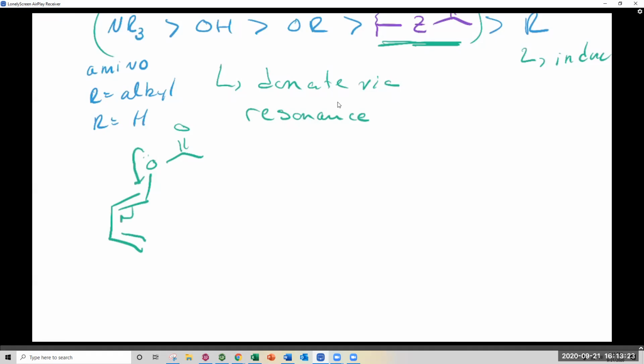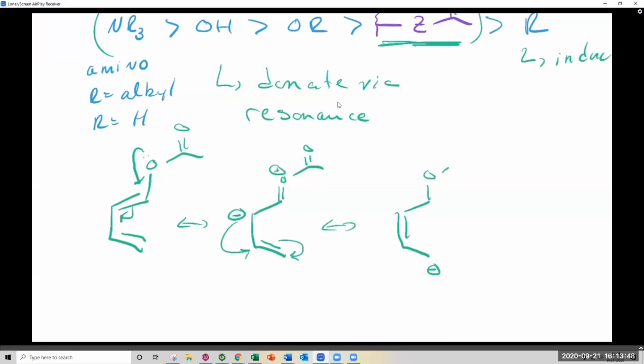But I can move my pi bonds this way, giving me an actual negative charge there and a positive charge here. I can continue to move this negative charge here, continue to move this pi bond down here.